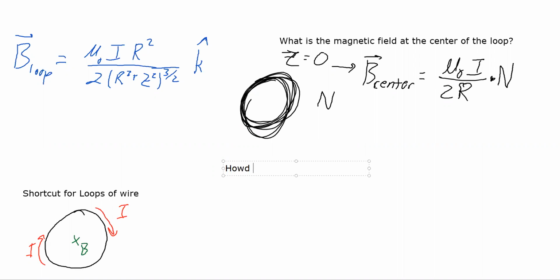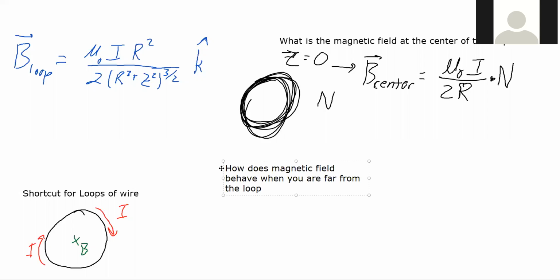Or, I mean, how does a magnetic field behave when you are far from the loop? So essentially we're looking when Z is much, much greater than R. Well, here's our equation up in the corner.